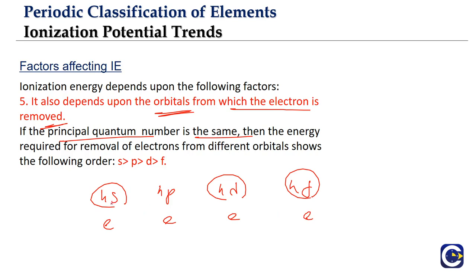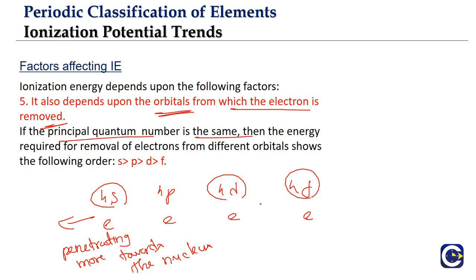The s orbitals, for a given principal quantum number, will be penetrating more towards the nucleus than p, than d, than f.